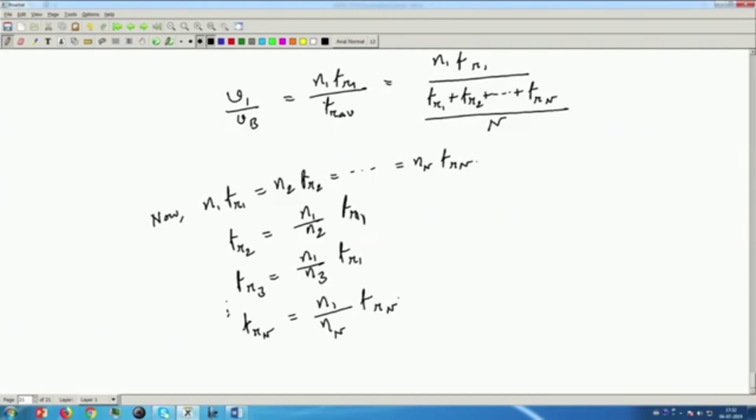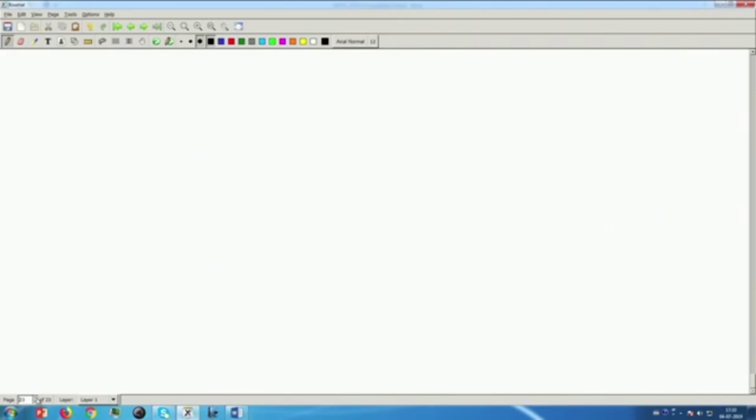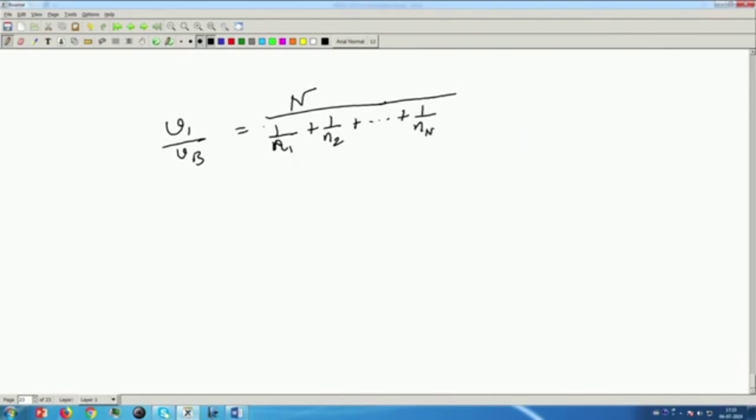So, putting all this, we can get V 1 by V b will be n by 1 by n 1 plus 1 by n 2 plus 1 by n n. Okay.